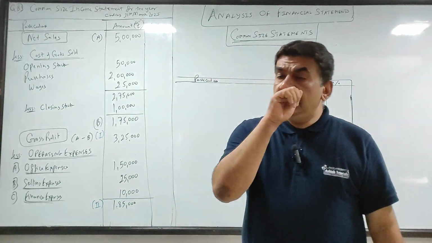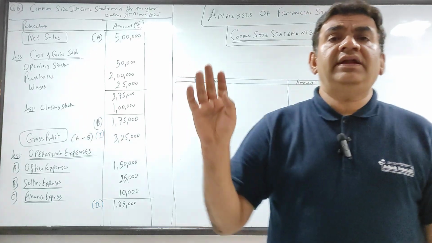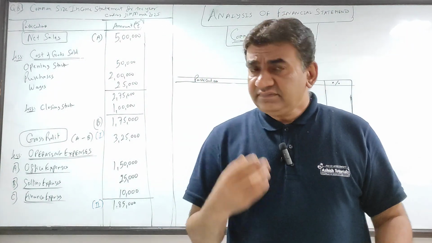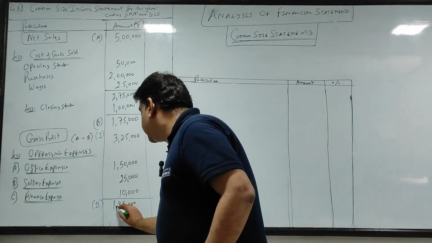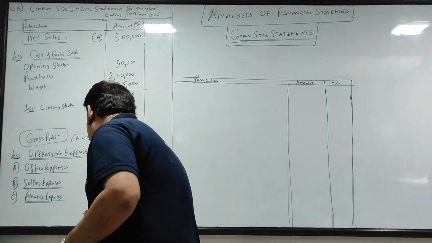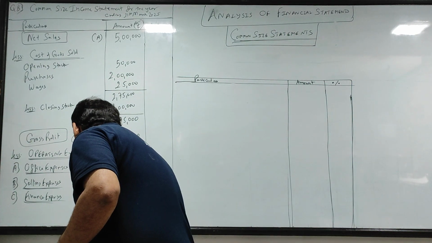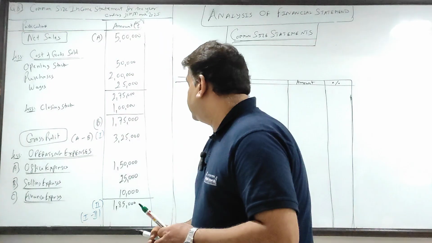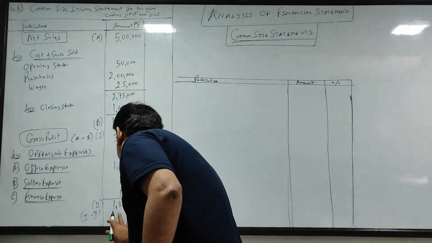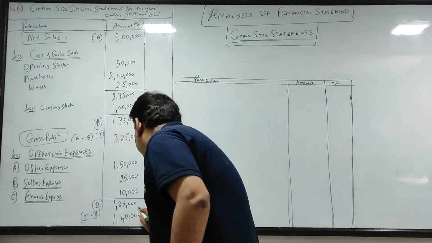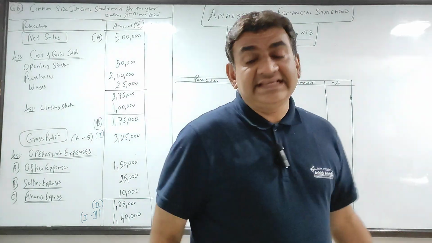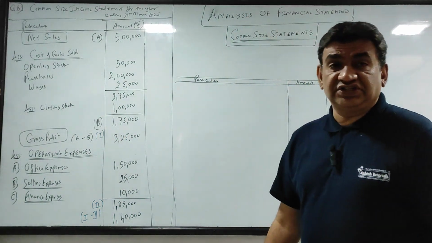Now what I told you, if there are no non-operating expenses and income and no tax, this itself becomes your final answer. So what you will do now, 1 minus 2, that is 325 minus 185, take the difference 1,40,000. If you see, 140 is the net profit given in the question.